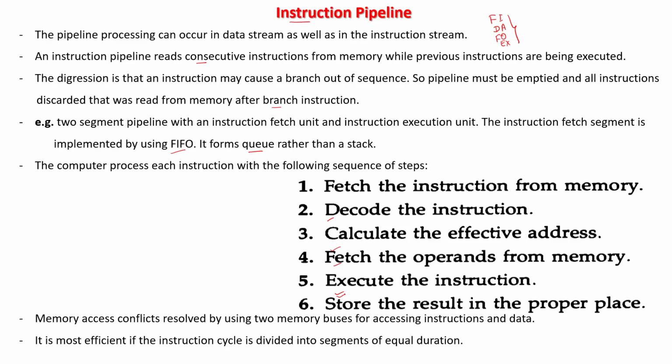Memory access conflicts are resolved by using two memory buses, one kept for the instruction and one kept for the data. If a single bus is there, it will be a slow process. It is most efficient if the instruction cycle is divided into segments of equal duration, equal duration for fetching, decoding, and execution, so that delay will not occur.